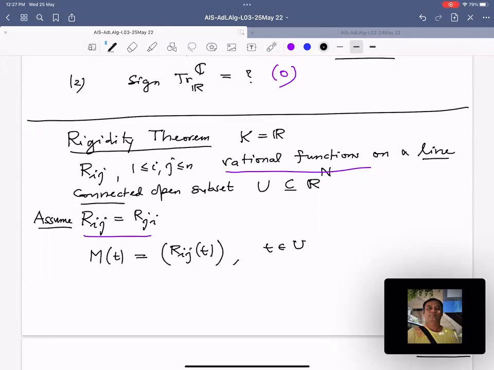And assume again that the determinant of M_t is non-zero for all t in U.